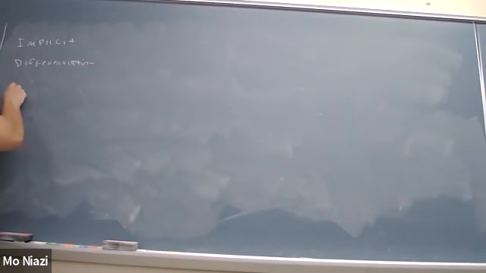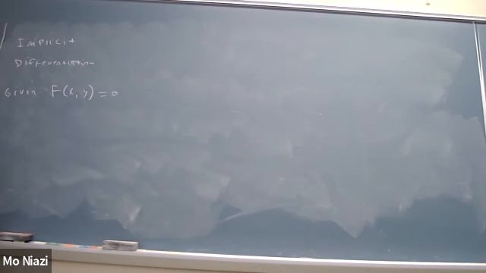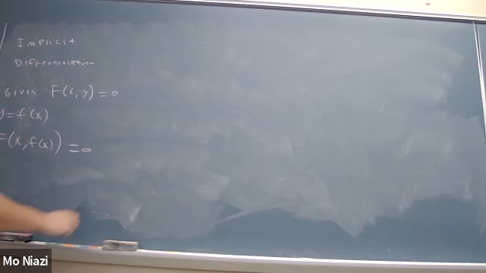So, given some function F of x, y equals 0, and given the fact that we can express y as a function of x across some domain, meaning that now we have f of x, like so.